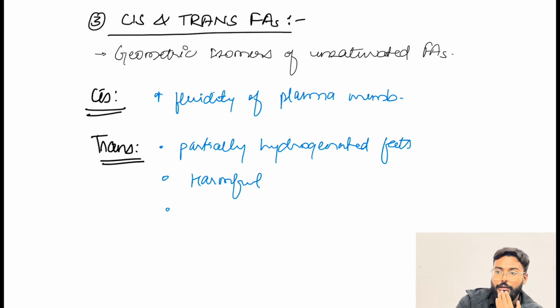For example, if you are refrying some kind of food, or reheating any kind of vegetable oil for the second or third time, the fatty acid is going to convert from cis to trans, which is really harmful.